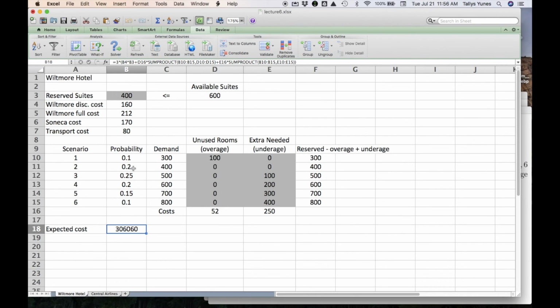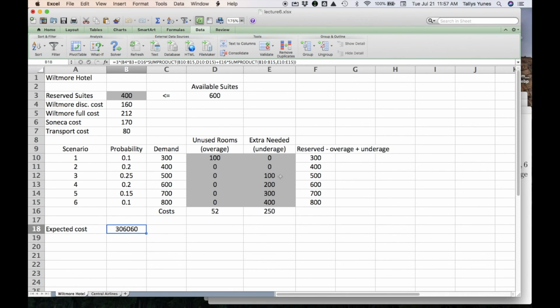What's going to happen? Well, 20% of the time you will be in scenario 2 and you'll have no overage and no underage. 10% of the time, you'll be in scenario 1 and you'll have overbooked 100 suites, in which case you have to pay the hotel the extra amount to cover the full cost of the room. And the rest of the time, 70% of the time, you will have underbooked, right?